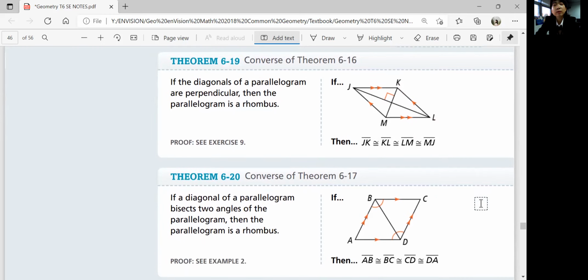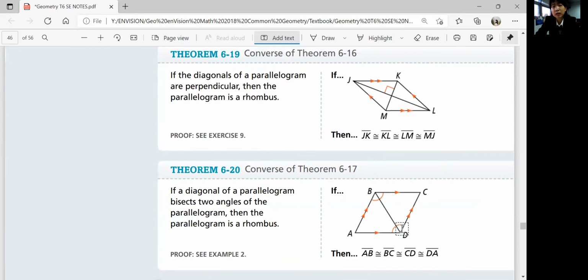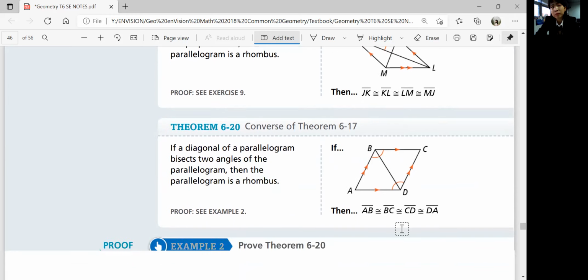And the converse of theorem 6-17 says if a diagonal of a parallelogram bisects two angles of a parallelogram, then the parallelogram is a rhombus. Okay. So we learned these characteristics in the last lesson, but we're going to use the converses to determine what type in this lesson, okay?